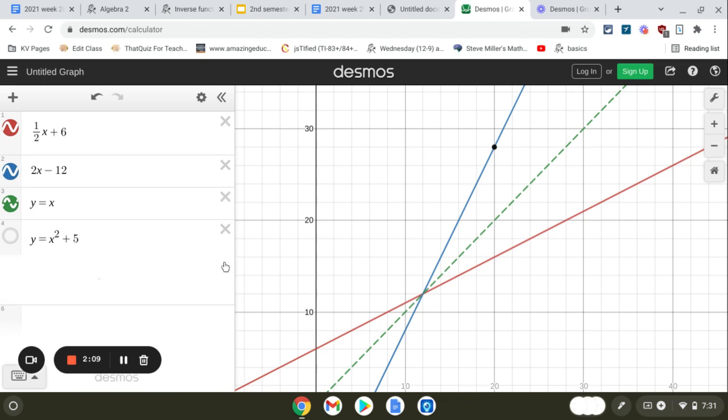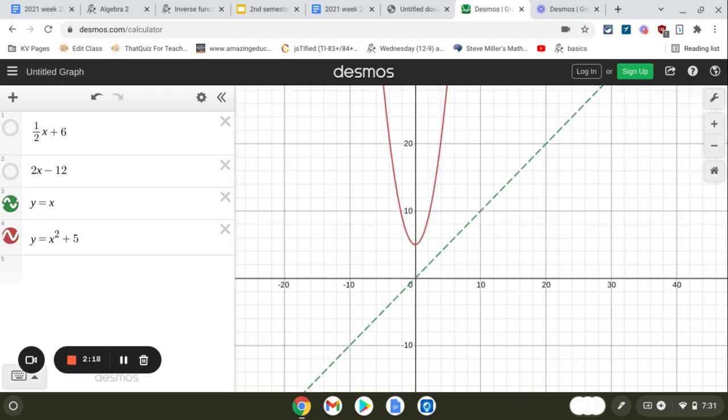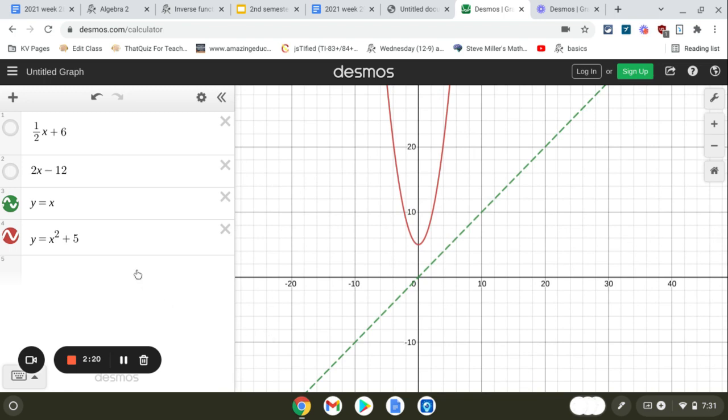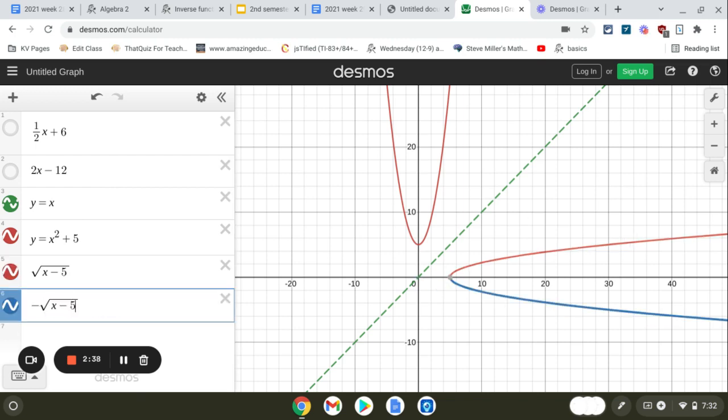Let me go ahead and look at that as well with our square root function that we had. This was our original red one, and if you remember, it was a quadratic. And then the inverse of it was the square root, and remember we had a plus and minus going on. There was this square root of x minus 5, and there was also the negative version of it, negative square root x minus 5.